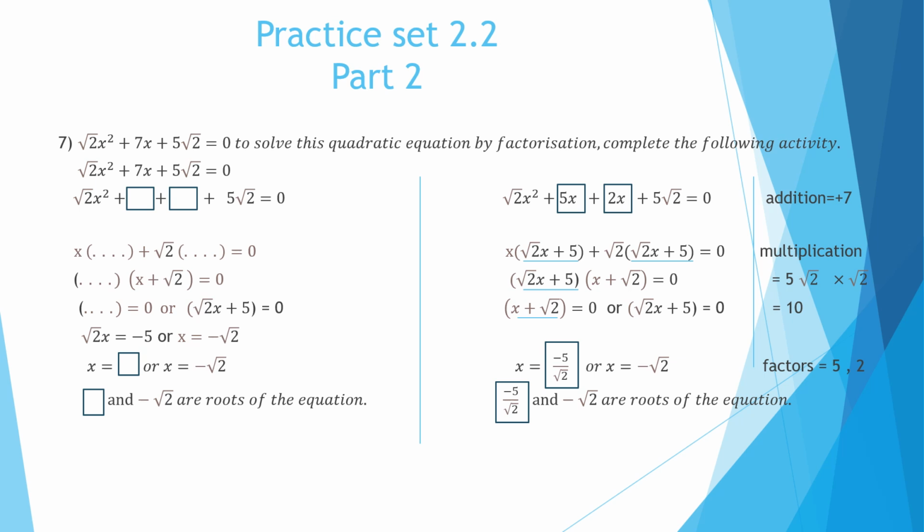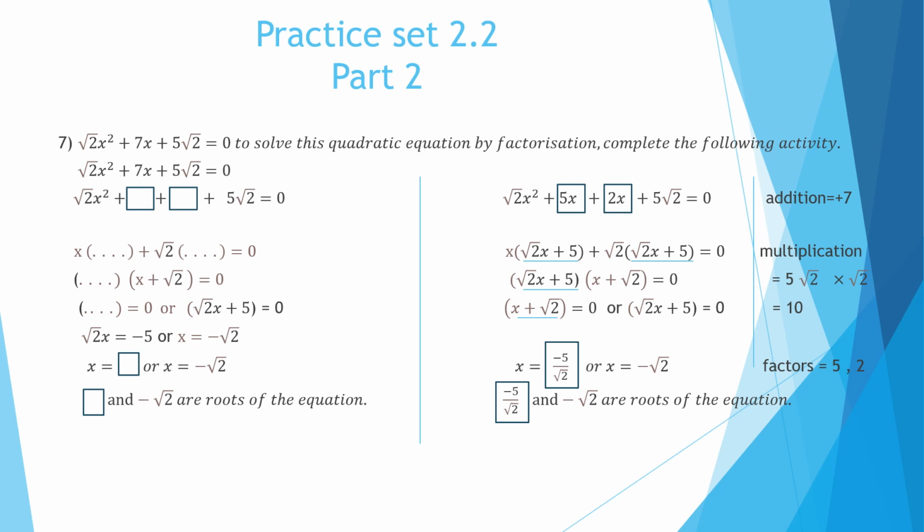From root 2x square plus 5x we get x is common. So we write x here and in bracket we write root 2x plus 5. So root 2x into x is root 2x square and 5 into x is 5x. So we write here x into root 2x plus 5.